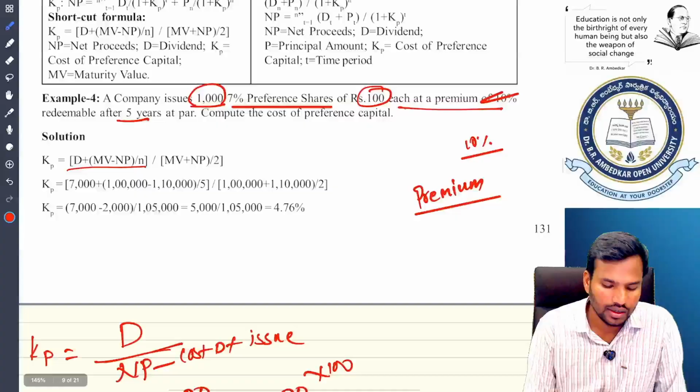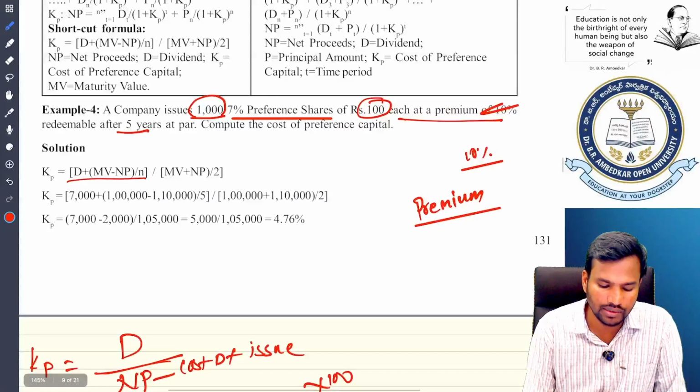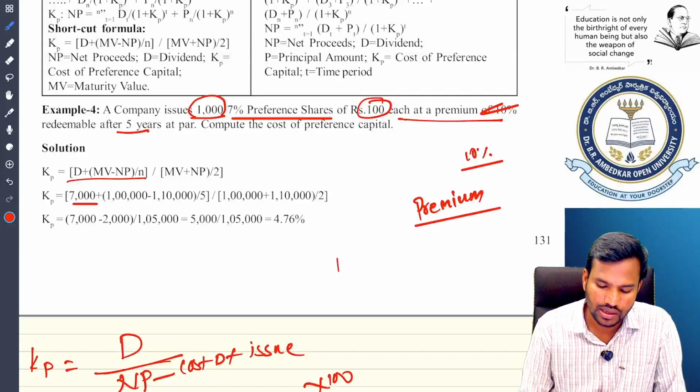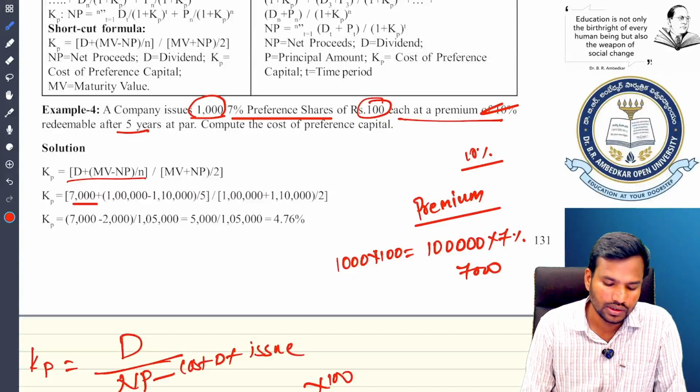D, 7% means 7,000. 1,000 into 100, then 1 lakh. 1 lakh into 7%, then 7,000 will become. Dividend 7,000. Market value 1 lakh.